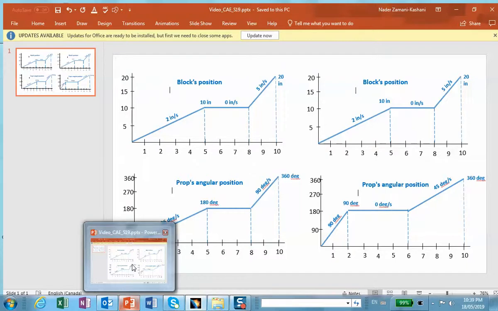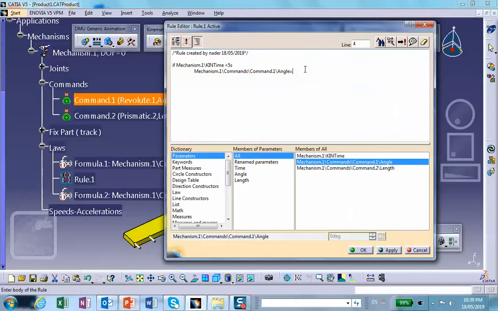So I'm just going to literally write it, 180 DEG divided by 5 seconds. Of course, I could have written 36 degrees in 1 second, same thing, times time, okay?